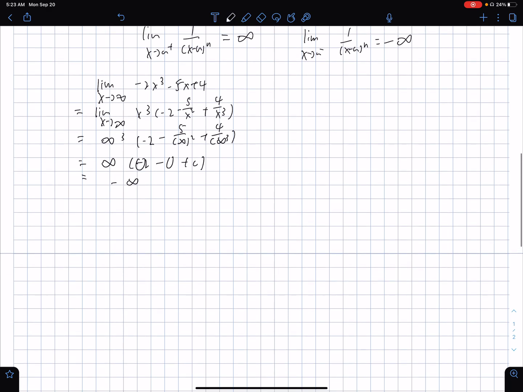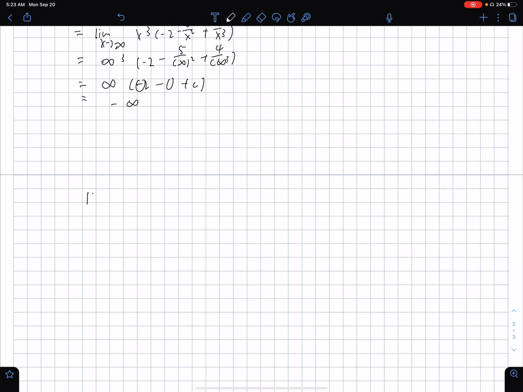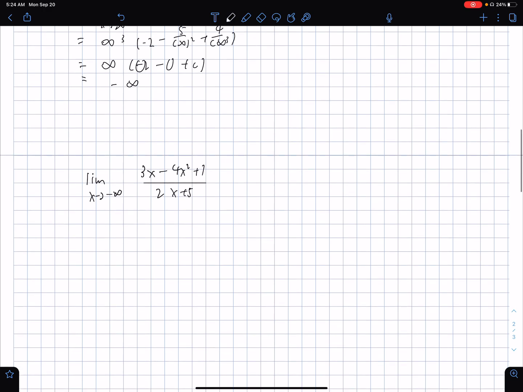However, there's still a shortcut to this method. I'll provide an example here. Say x was approaching negative infinity and we wanted to evaluate this, negative 2x squared plus 7 over 2x plus 5. We can just take the highest power of the numerator and the denominator.